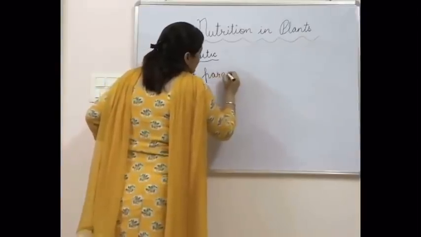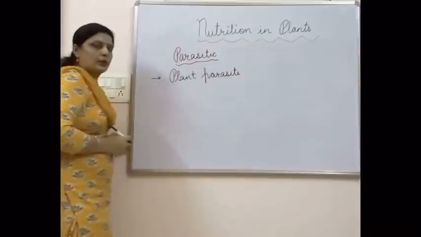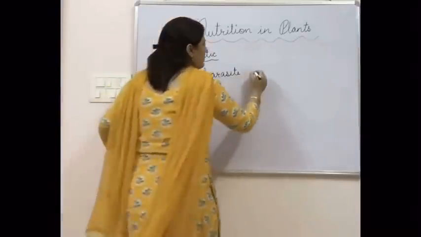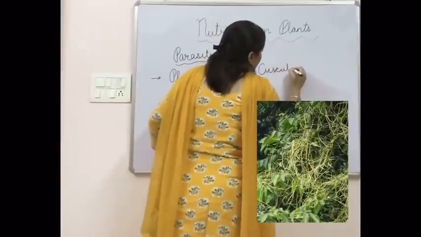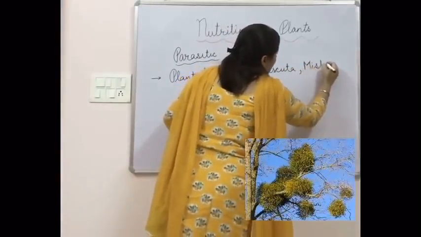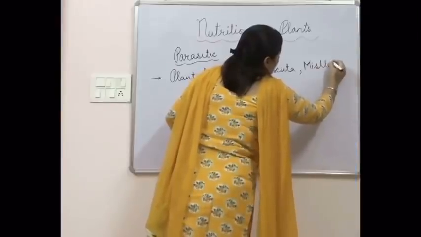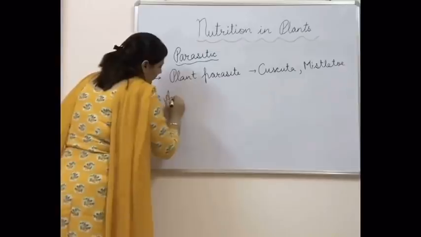The parasites which are plants are called plant parasites, and examples are cuscuta and mistletoe. Then we have animal parasites also.